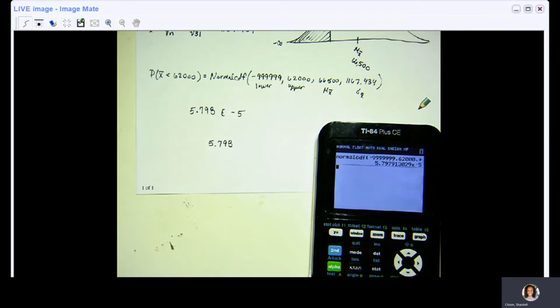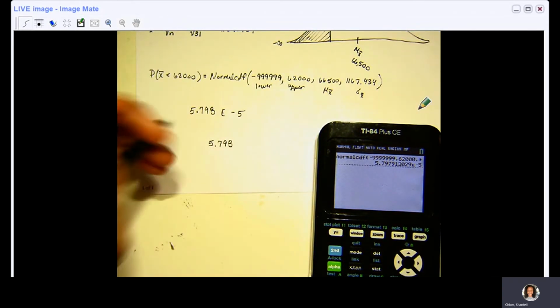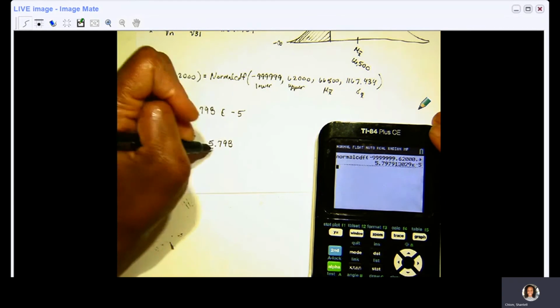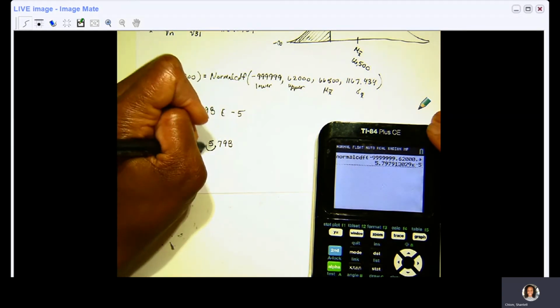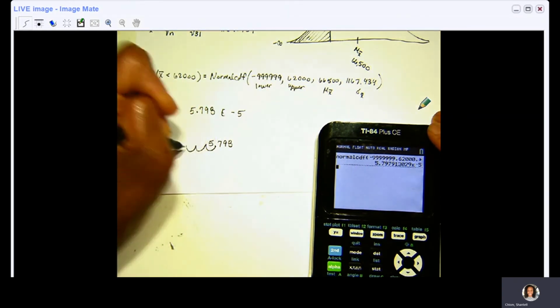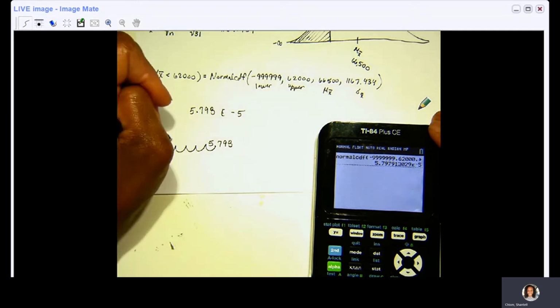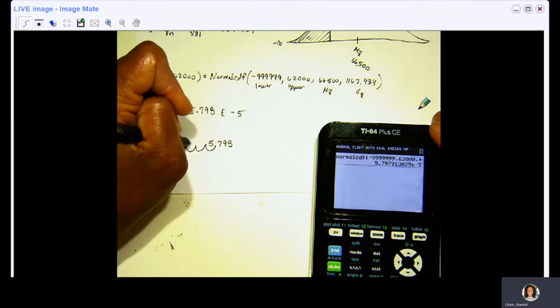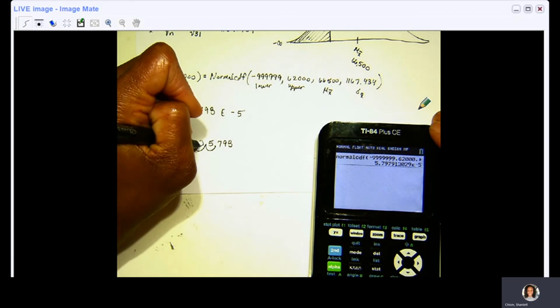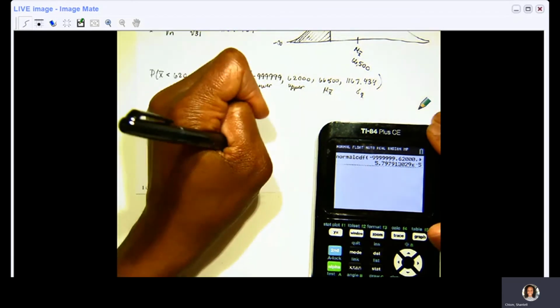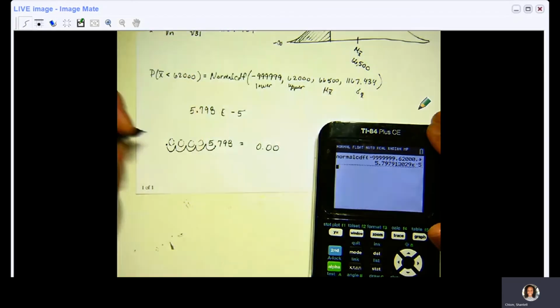So to actually write it out in decimal notation, I would move my decimal 5 places to the left because it's negative. So 1, 2, 3, 4, 5. So my decimal is now here. And those empty spots, I've got to fill them with zeros. So that is 0.00005798.